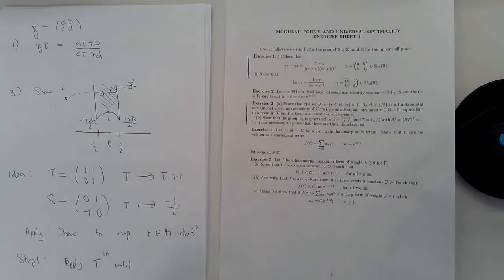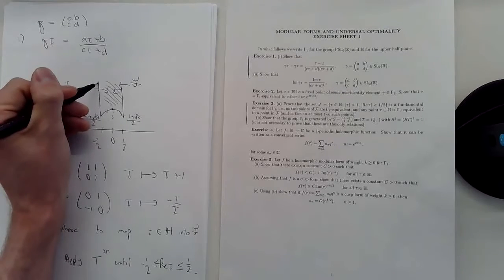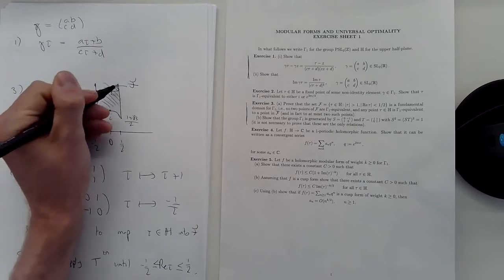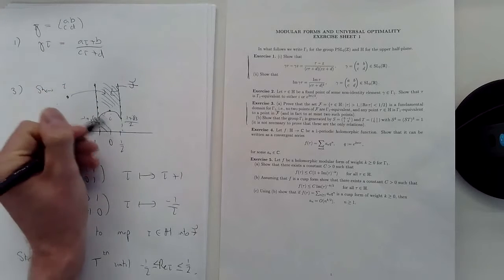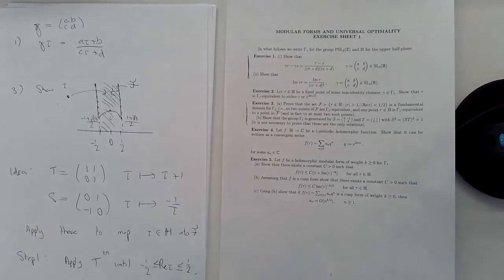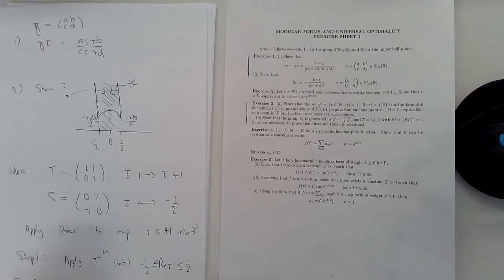So T to some power until the real part of tau is between -1/2 and 1/2, and that will land us somewhere in this whole green strip. And step 2 is, if tau is not already in the fundamental domain, then the absolute value of tau has to be less than 1.